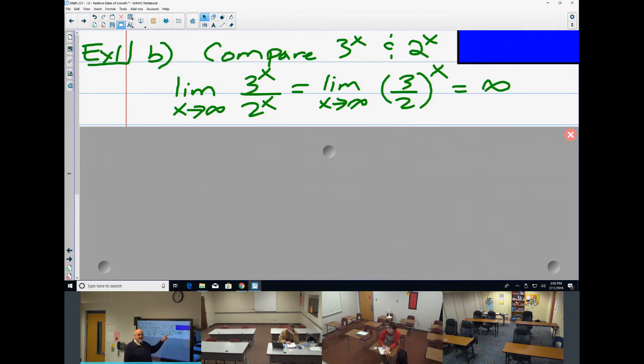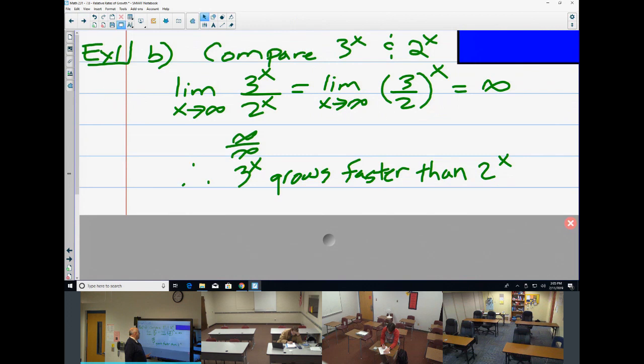If this number is less than 1, then it goes to 0. So in this case, it goes to infinity. That means the one on top wins. So these three little dots mean therefore. So therefore, 3 to the x grows faster than 2 to the x. Okay? All right, so try practice 1b.